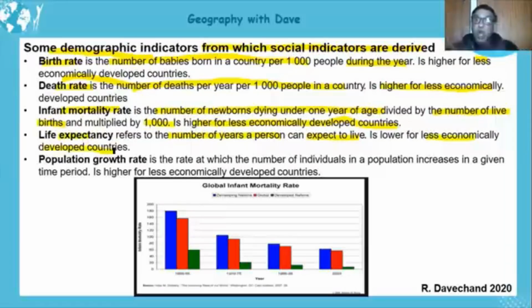And if it's low, the development will be low because people die earlier, meaning they're not as healthy, etc. Population growth rate is another one, the rate at which the number of individuals in the population increases in a given time. Again, it's higher for less economically developed countries.